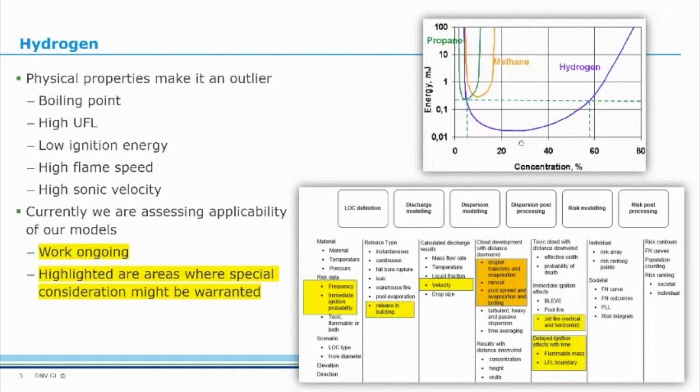So that's in orange because it's probably the most uncertain area. And then moving further over to the right, we've got jet fires and potentially explosions as well. So what about hydrogen and those effects?